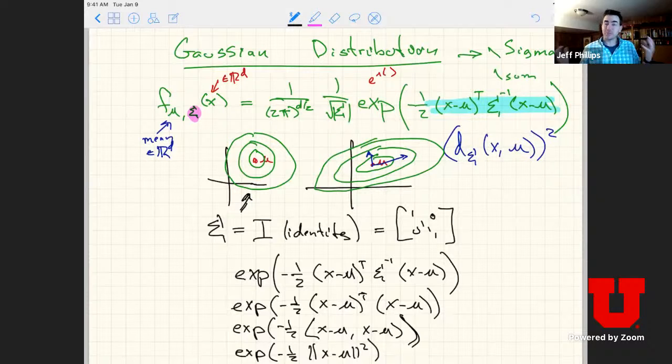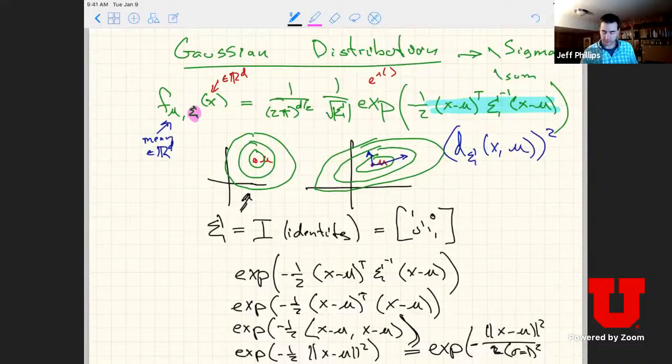So this goes back and looks like the form of the Gaussian that we had before, but it doesn't have this 1 over lowercase sigma. We usually have the exponent divided by 2 with a minus times sigma squared, which is equal to 1 in this case.